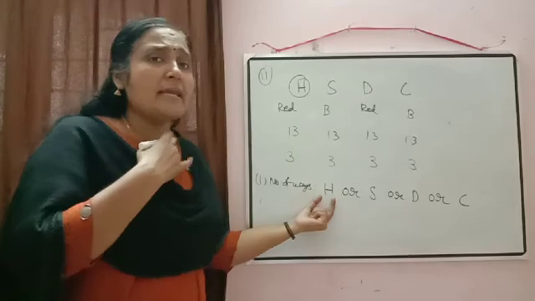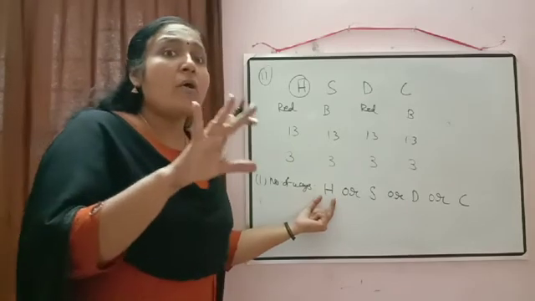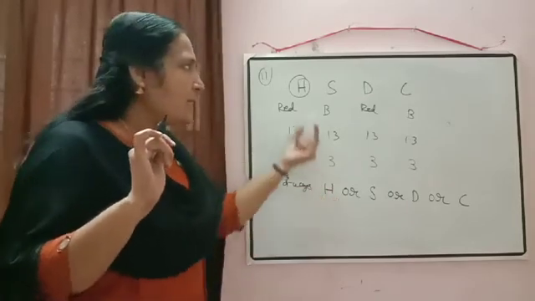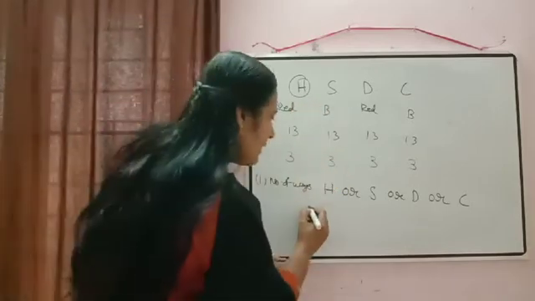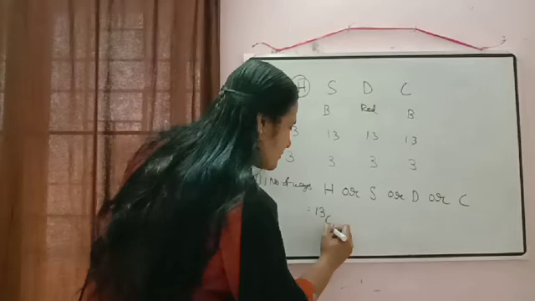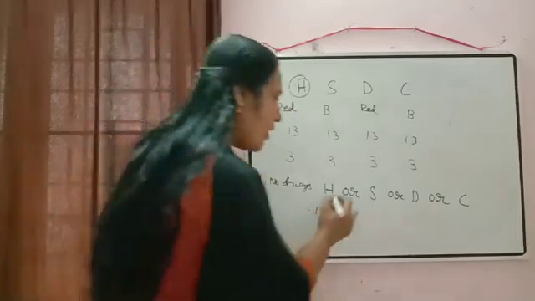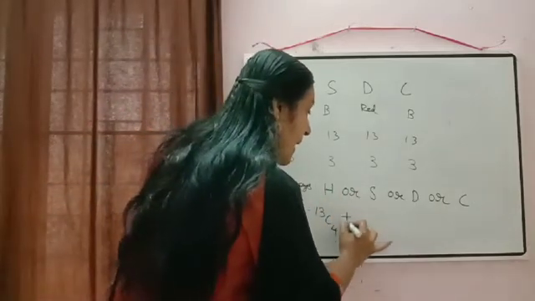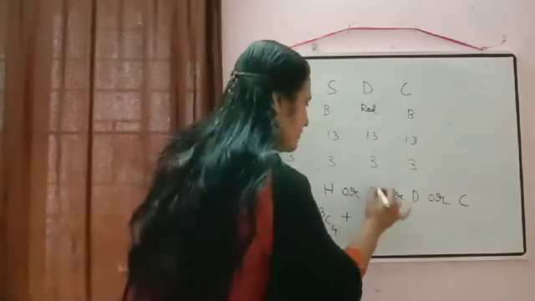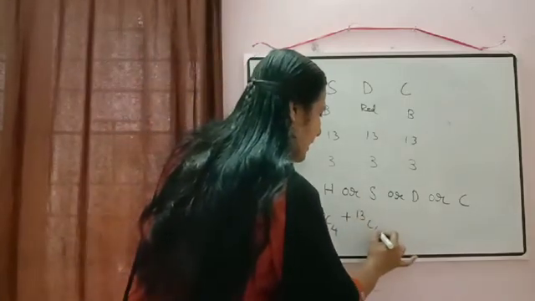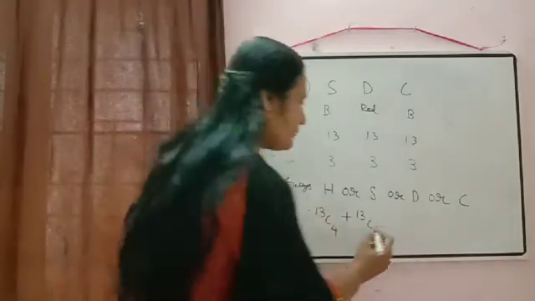From heart, how many cards do I need? 4 cards. How many cards are there in heart? 13 are there. So I have to select 4 out of 13, so 13C4. Or means what we will write here? Plus. If "or" is there, we have to do addition. Again total spade 13 are there, out of 13 we have to select 4.